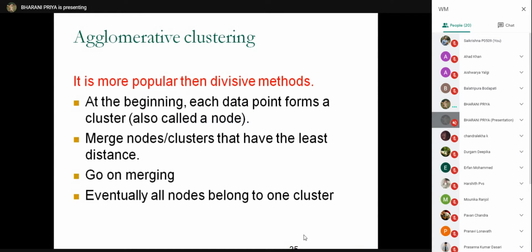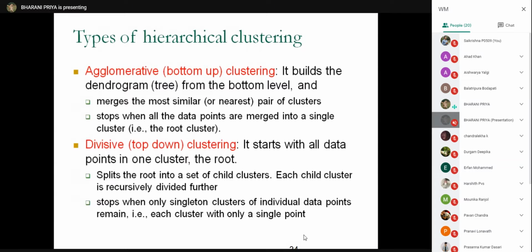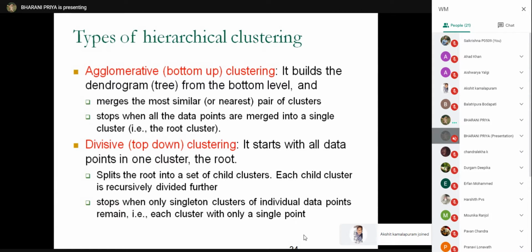See, in the bottom-up approach, you are starting with a single object, combine the objects which have the least distance and combine them until you get a large single cluster.